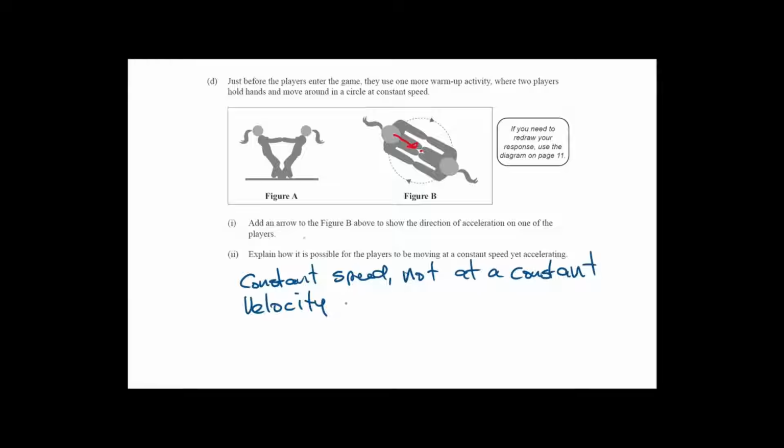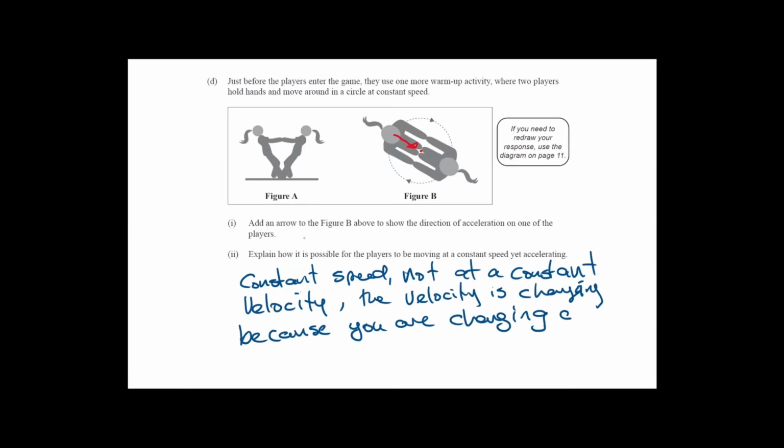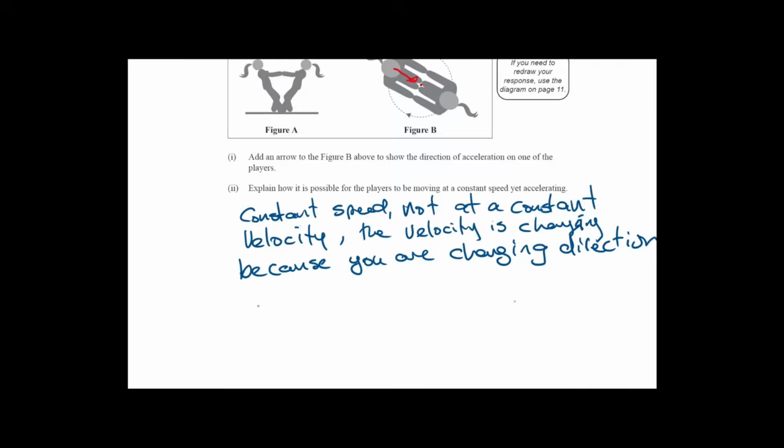Velocity is how fast you're going in a direction. The velocity is changing because you're changing direction. And a change in velocity over time is acceleration by definition.